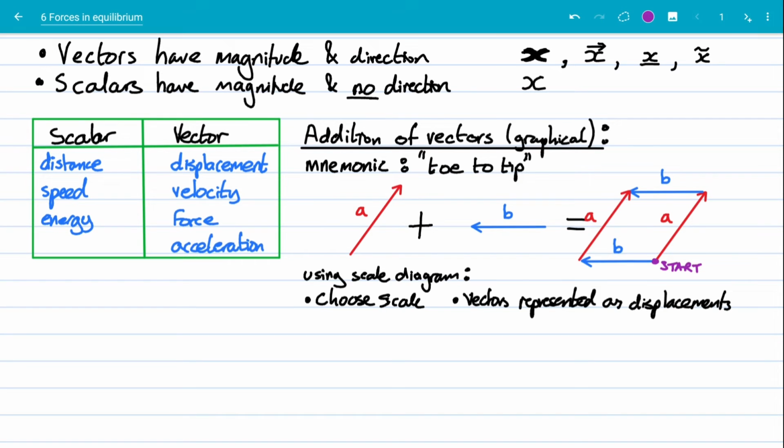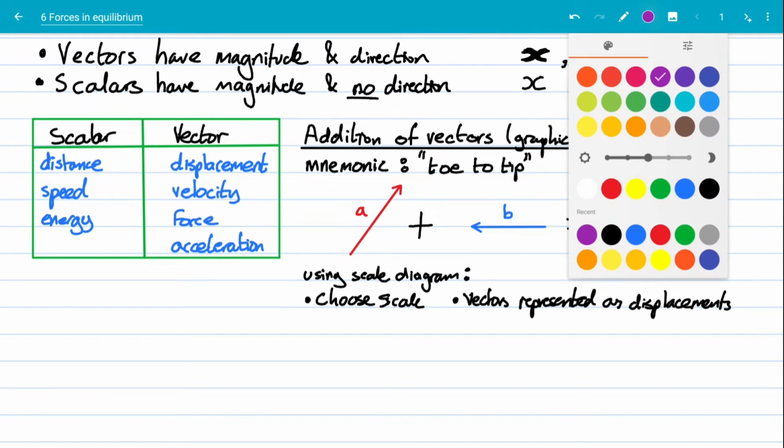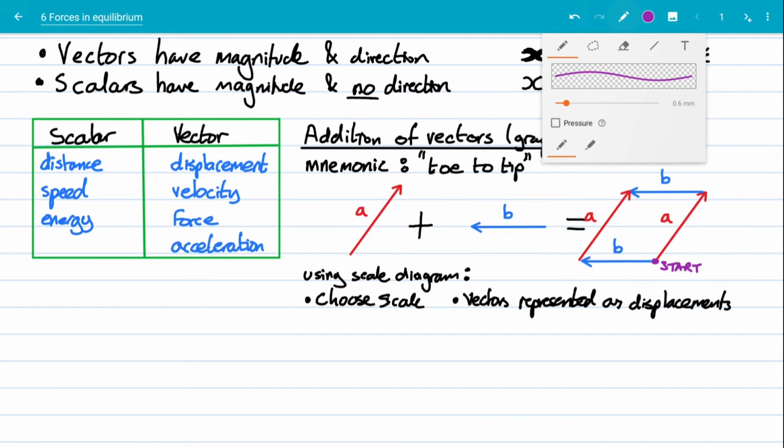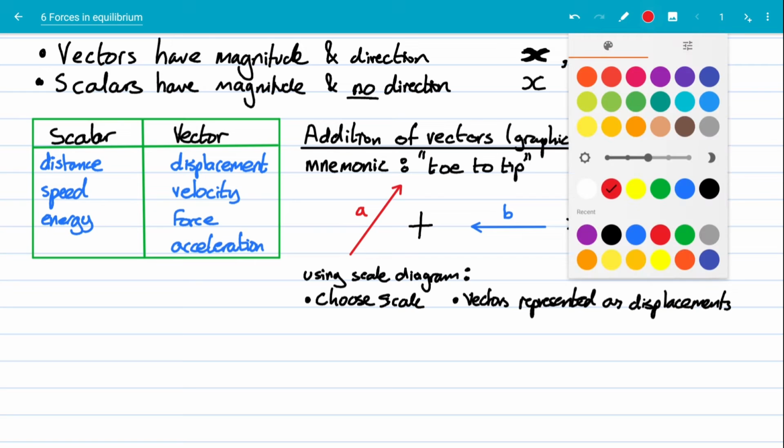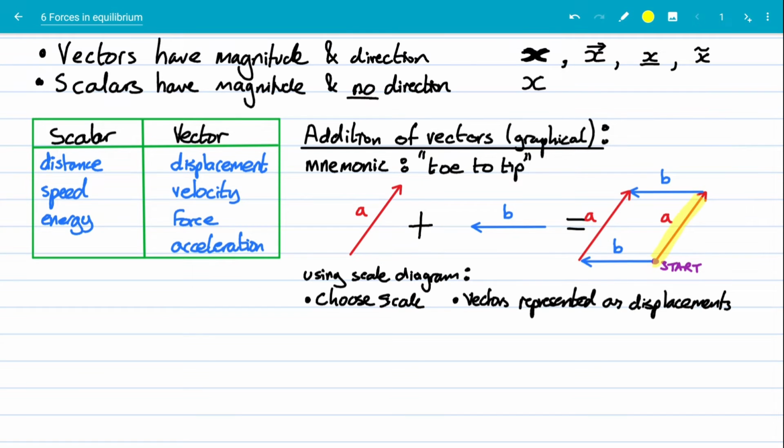Okay, so you can see I've got two different paths, if you like, two different components of my displacement. I've got component A and component B, which when I add them together, I end up on the top left, I guess. Or I could have done the component of B plus the component of A, and I end up in the same place.